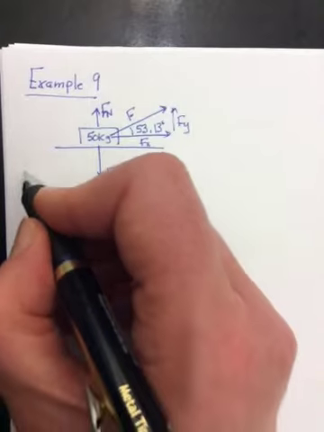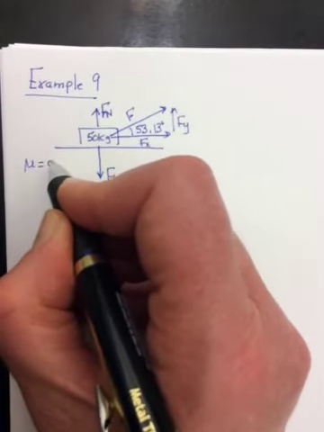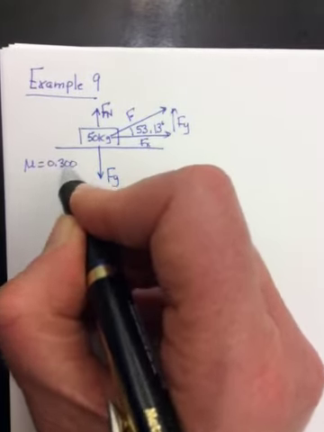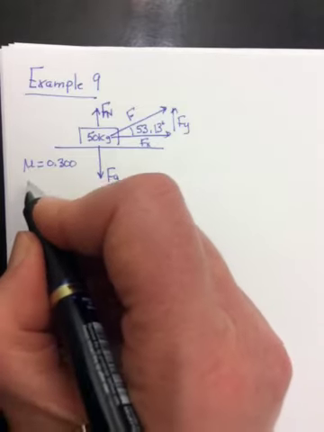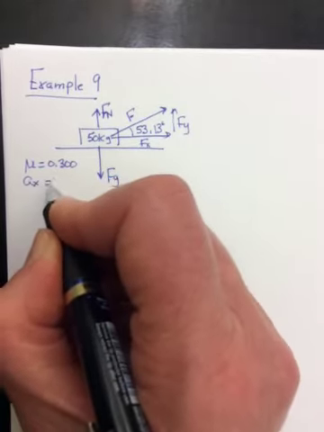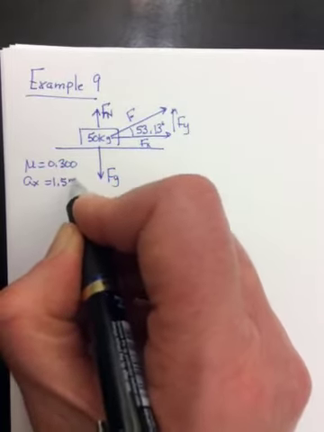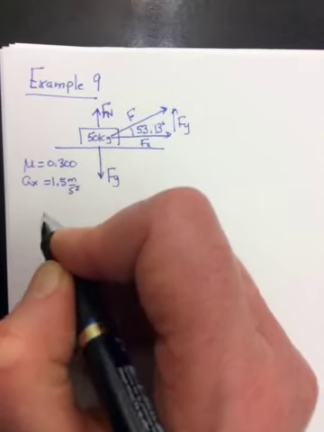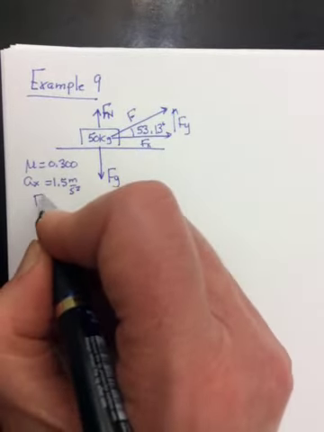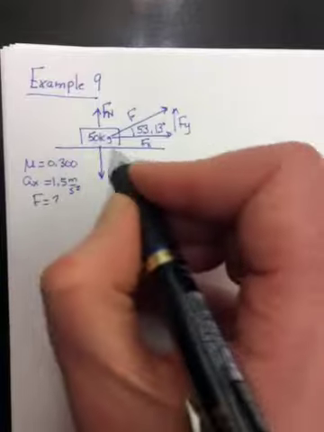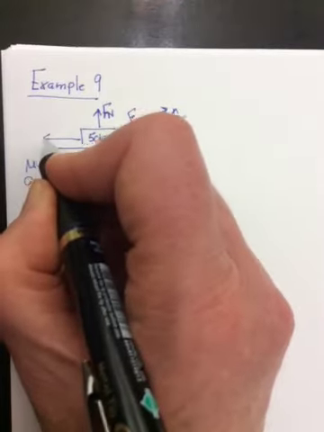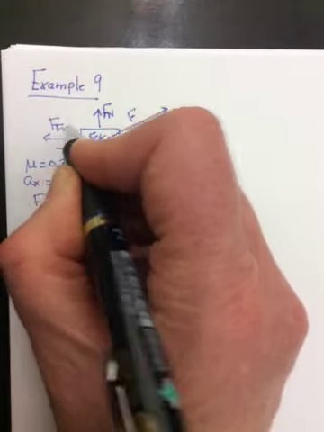The mu, the coefficient of friction, is 0.3. And the toboggan accelerates at a rate, Ax, of 1.5 meters per second squared. And the question wants you to find what's the force you're pulling with. And of course, acting back here is friction.